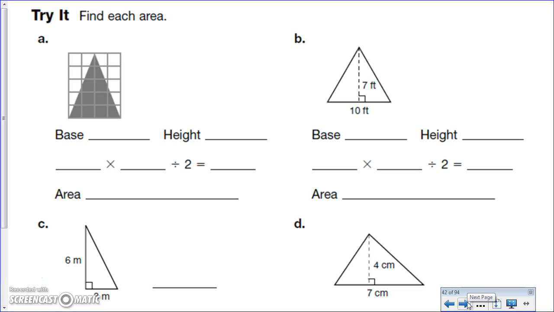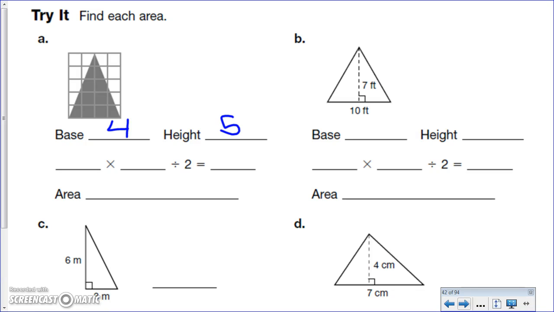In our first example here, letter A, they've given us the grid, so we need to count. We know the base across is 4 squares. The height, if we count it up, is 5 squares. So now we're going to fill that in on the formula row, which is the second row.